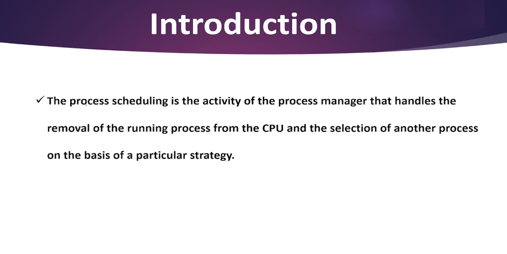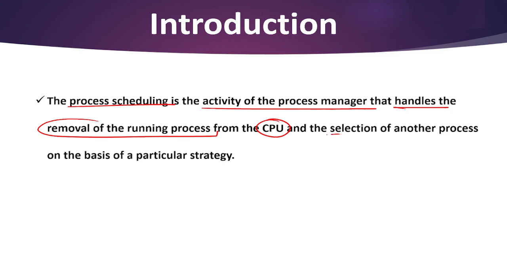As you can see here, process scheduling is nothing but the activity of the process manager that is used to handle the removal of running processes from the CPU and the selection of another process on the basis of a particular strategy. In simple terms, let's take an example here. We have three processes P1, P2 and P3.